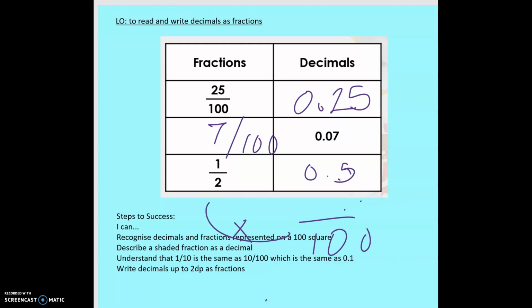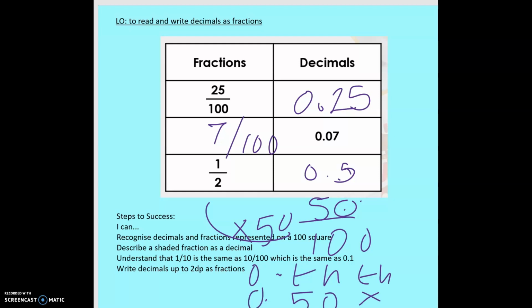We know that 2 times 50 is 100, so 1 times 50 is 50 hundredths. And then again, if I need to, I can put it into my place value column. Remember, we can't have anything in the thousandths column. So we're going to have 50 hundredths, so 0.5.